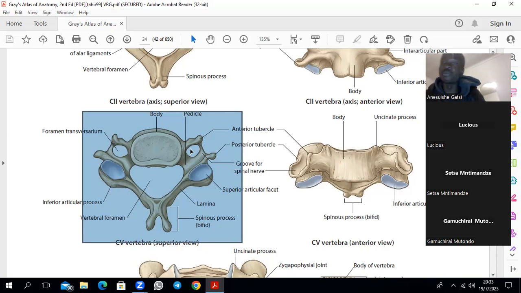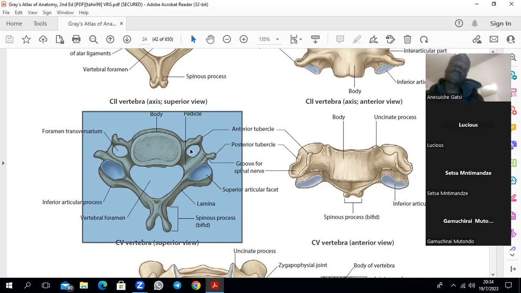Then there's Klippel-Feil sequence. This is an embryological condition where vertebra are fused. Any vertebra can be fused, but it favors the cervical region, commonly between C5, C6, C7. So you are born with vertebra that are fused.